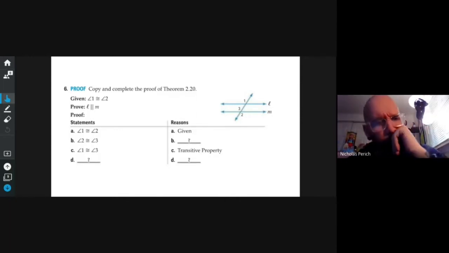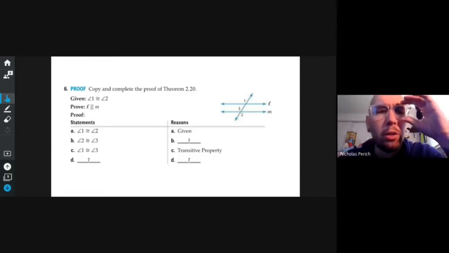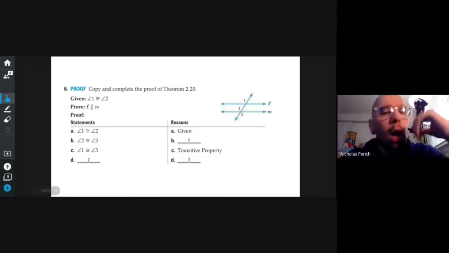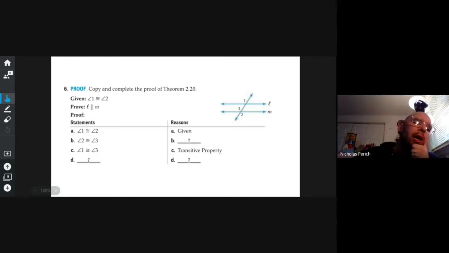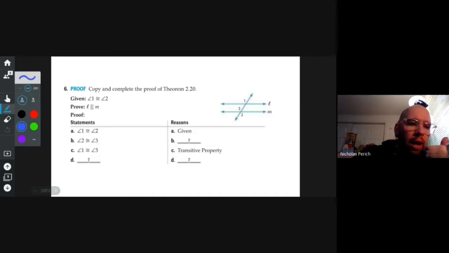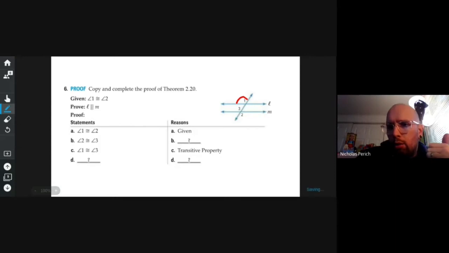Now, let's quick do it. I'm told that angle 1 and angle 2 are congruent to each other. That's the given.